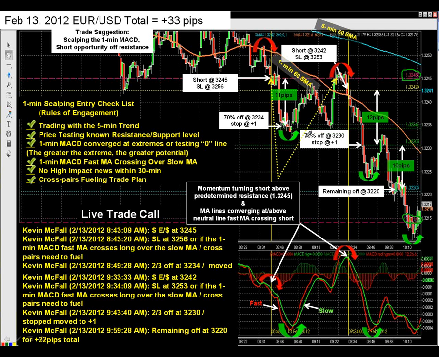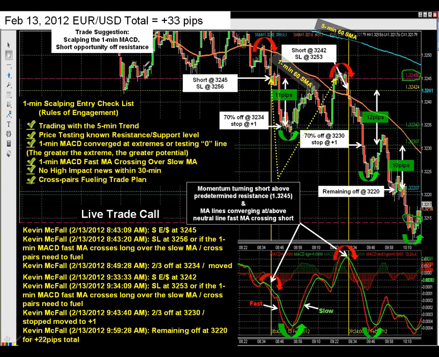And you can see even here how well these resistance support levels work. Price comes down to 32.45, which was a support resistance level already given to my clients at least 24 hours in advance. And then we have support down at 32.20, again provided to my clients well in advance.